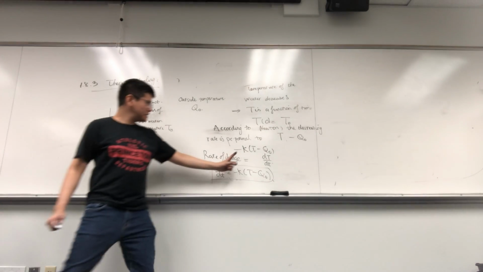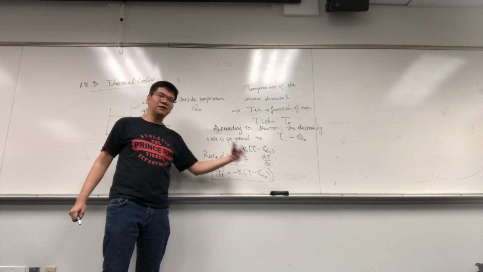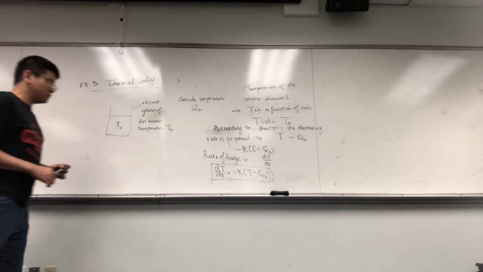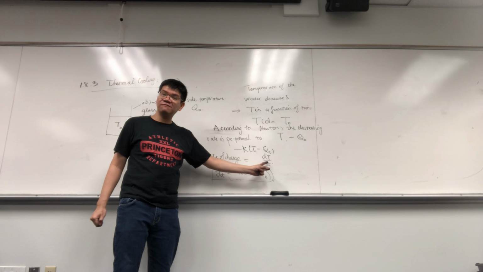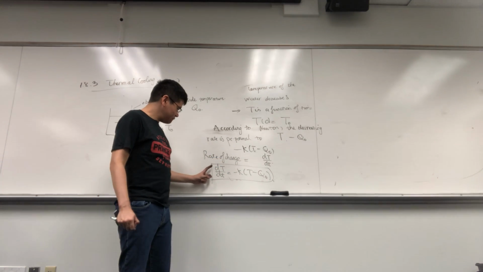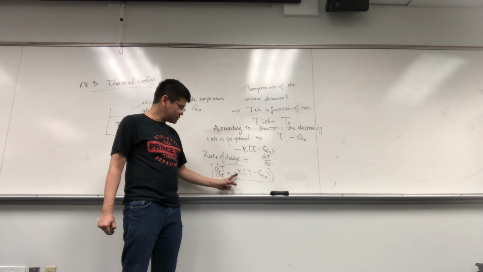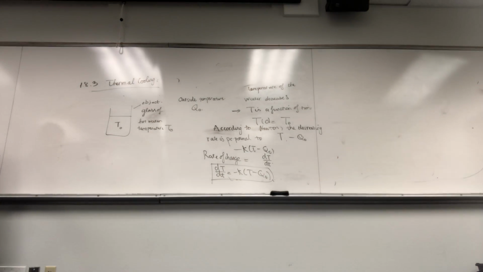So you have minus k (T minus Q0), in which k is a constant that depends on the environment. Now, the rate of change is also equal to the derivative in time of the temperature. So you have an equation dT over dt is minus k (T minus Q0). All right, and we have a differential equation.